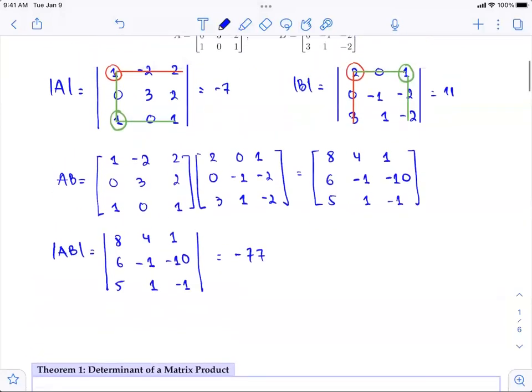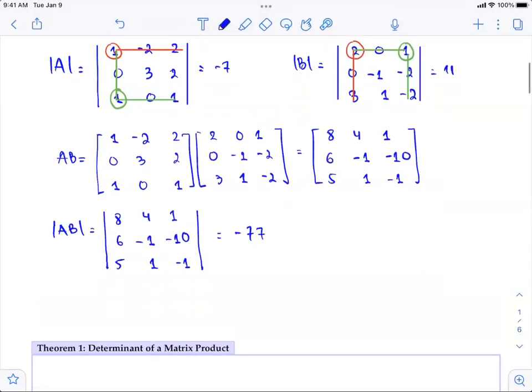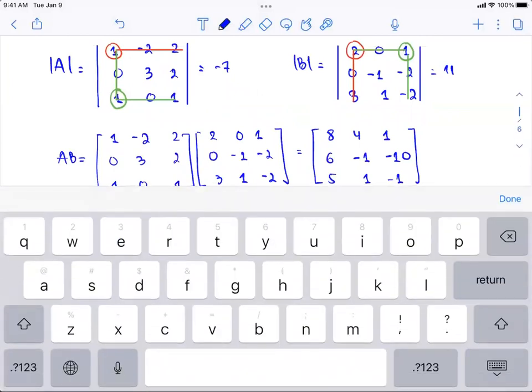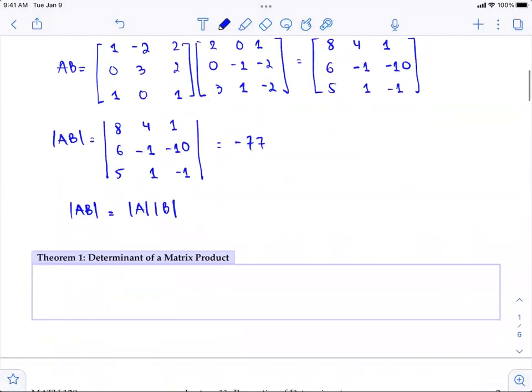If you look more carefully, you can see that the determinant of the product is equal to the product of the determinants, that is, the determinant of A times B is equal to the determinant of A times the determinant of B.